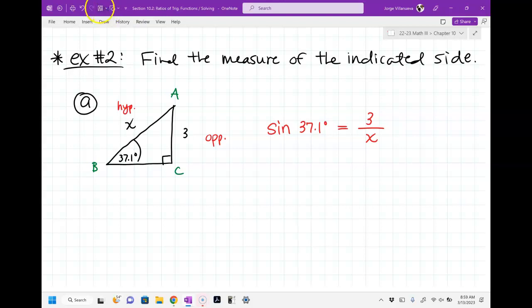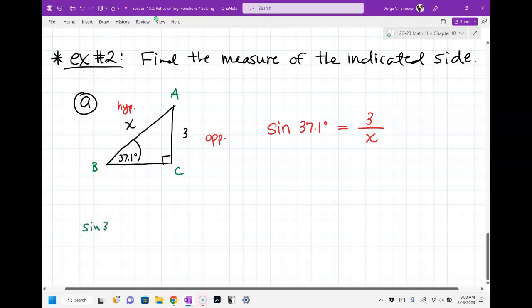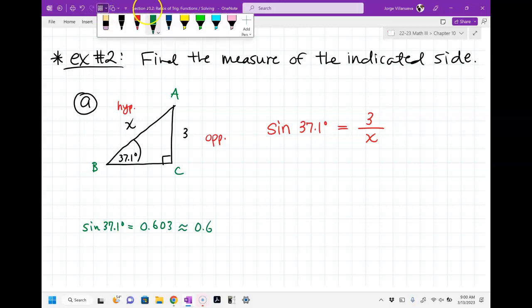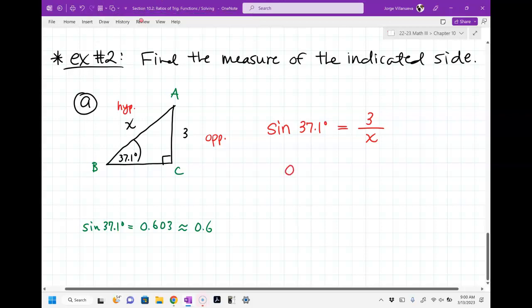Let me put this right here as some side work. Sine of 37.1 degrees is 0.603. But on the instructions in your homework, they're going to say round to the nearest tenth. So this is basically 0.6.